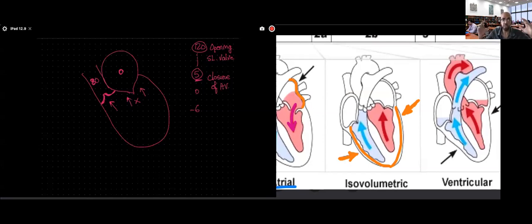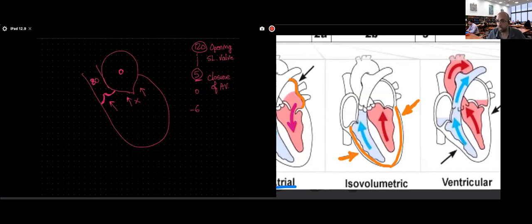There is no movement of the blood, right? And as a result, would I have any reduction in the volume of the ventricle? I'm increasing the tension, I'm contracting, but would there be any reduction? I have blood inside. I can't reduce the size of the ventricle.